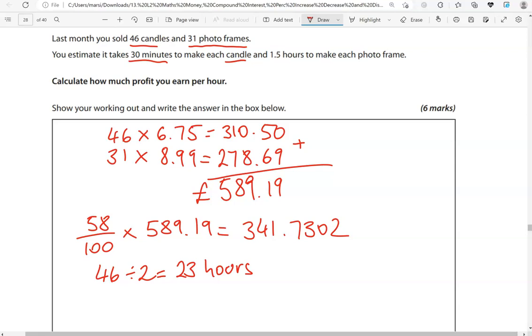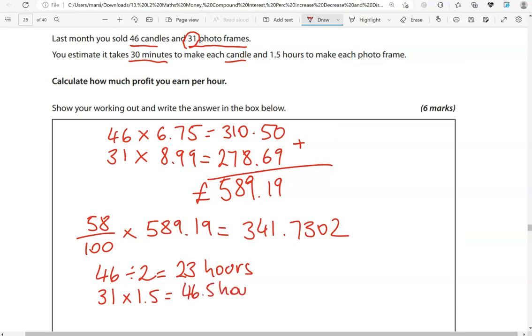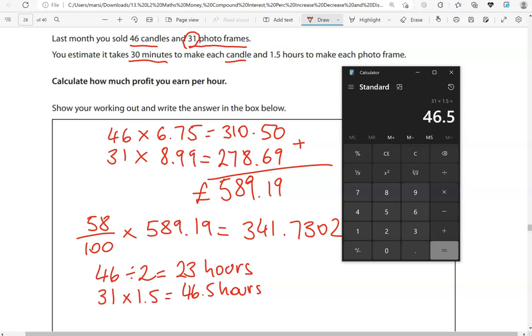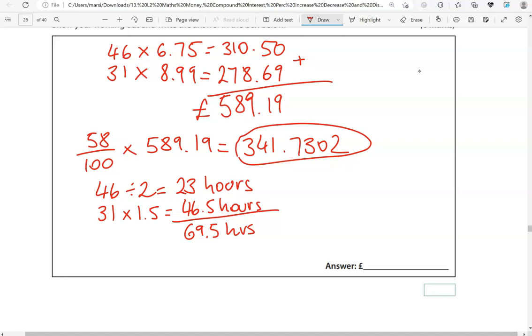Now we've got 31 photo frames at 1.5 hours each. So we're going to do 31 times 1.5, which is 46.5. So 46.5, add the 23 hours for making the candles, that is 69.5 in total. So if we divide the profit by 69.5, it should give us profit per hour.